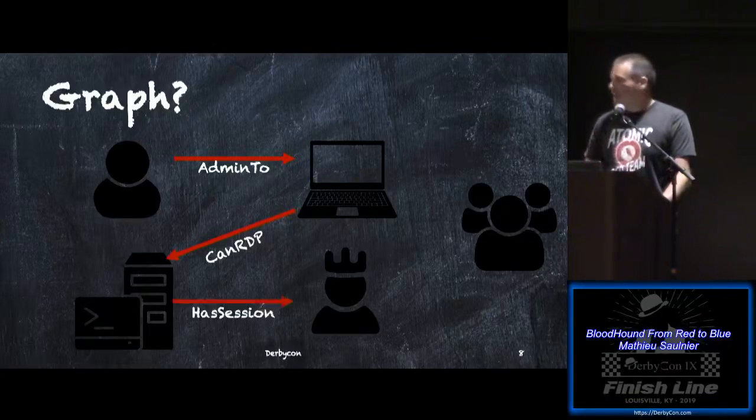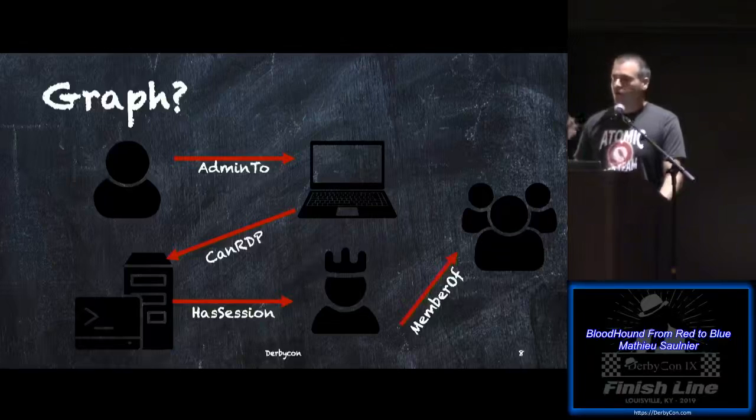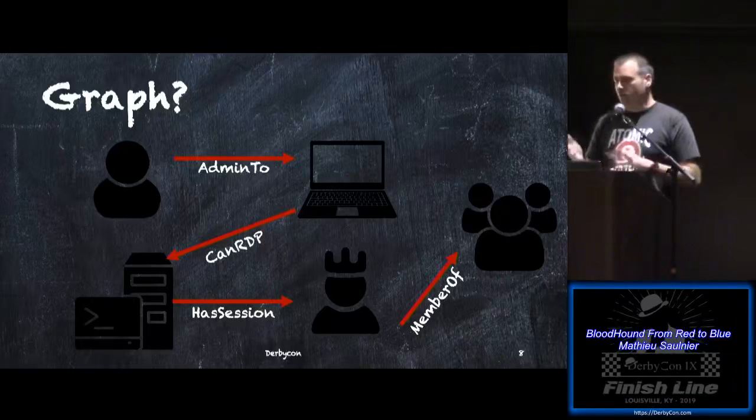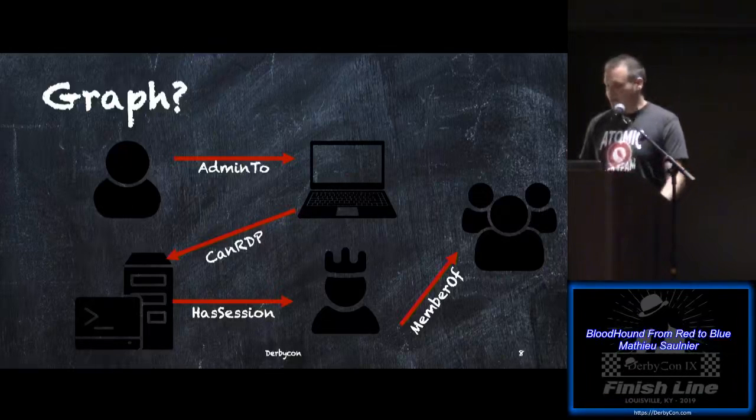And one of these users who has a session has a little crown because they belong to a high value group such as domain admin. In this presentation, I'll use domain admin or high value group almost interchangeably, but bear in mind that there are more groups than just domain admins that are of high interest.